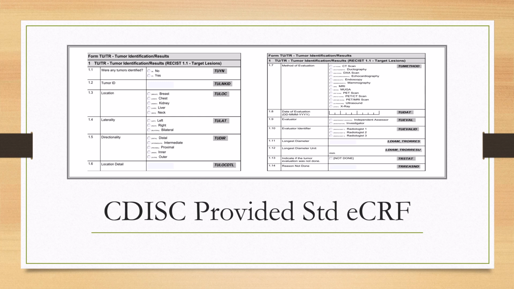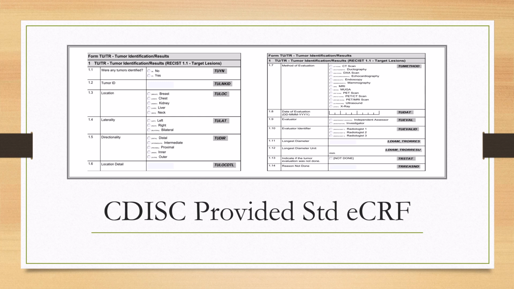The next is the location and other directionality information of the tumor which is being identified. We also have the question for the method of evaluation. Please note that the method of evaluation is a procedure, you can say, which we have done to assess the identification of the tumor. So any method of evaluation record can be created in the PR domain, and the PR and the TU domains can further be linked together using the RELREC.